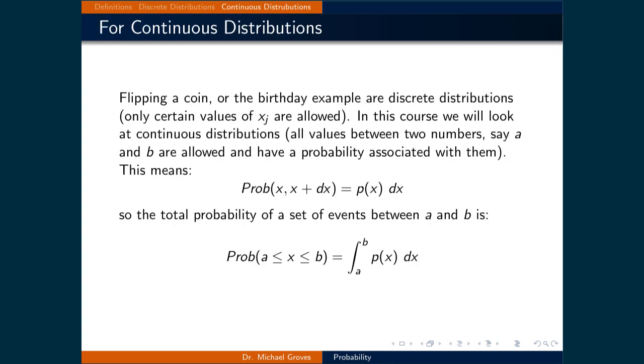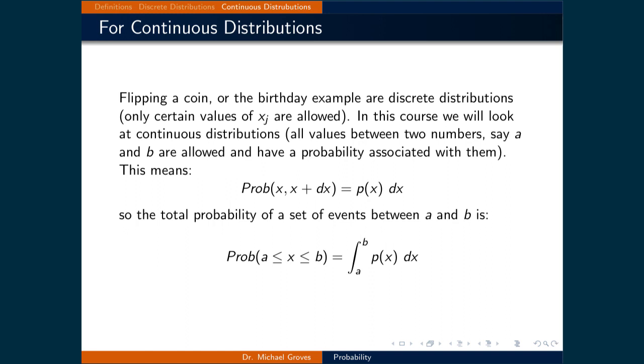We have been primarily looking at discrete distributions, where only certain values of x sub j are allowed. Examples of these include flipping a coin or the birthday data at the start of the lecture. In this course, we will be using continuous distributions, meaning that all values between two numbers, say a and b, are allowed and have a probability associated with them.